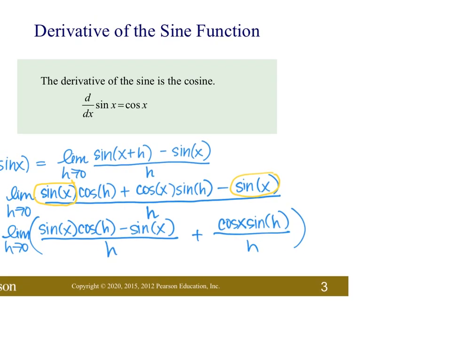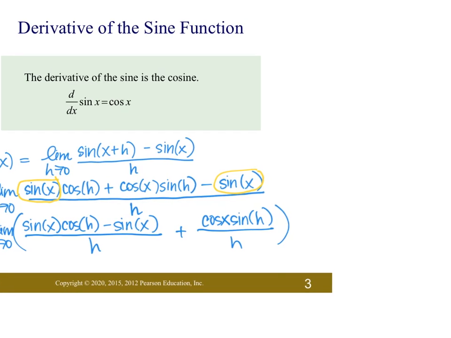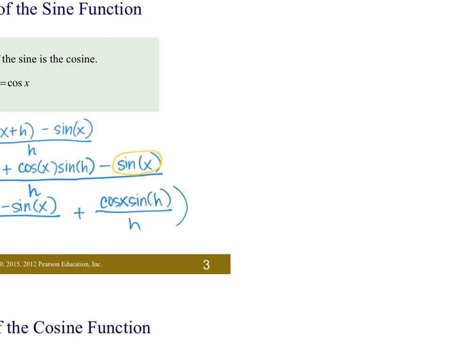So then I factor. Sine of x is common in the first term. So I'll have the limit as h approaches 0, I'll have the sine of x factored out of the cosine of h minus 1, and that's over h.